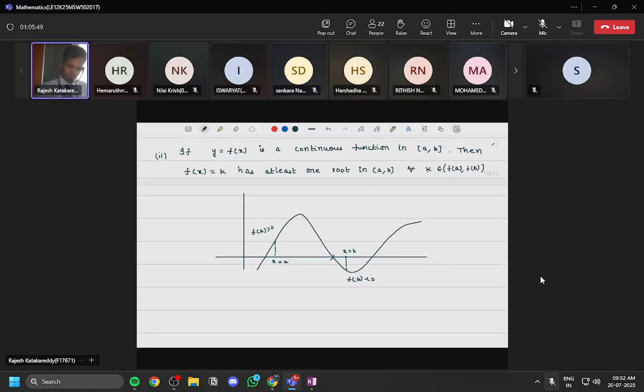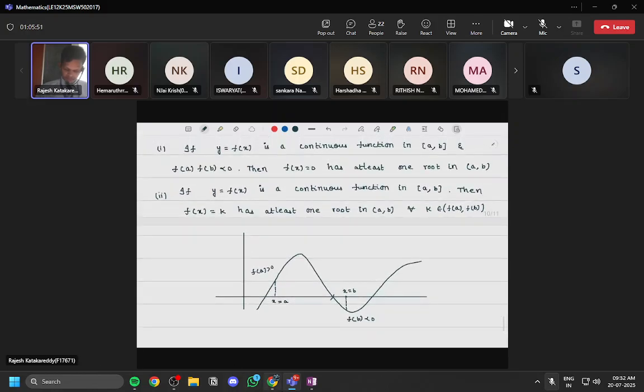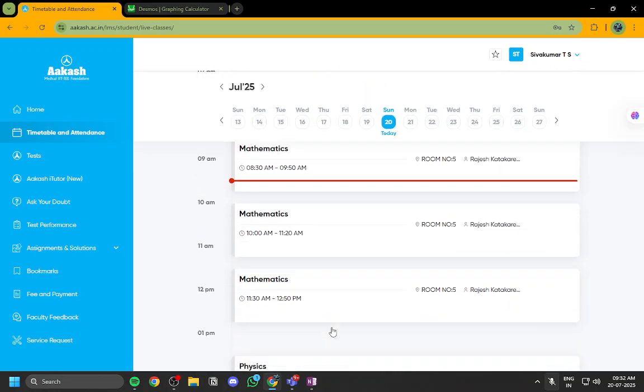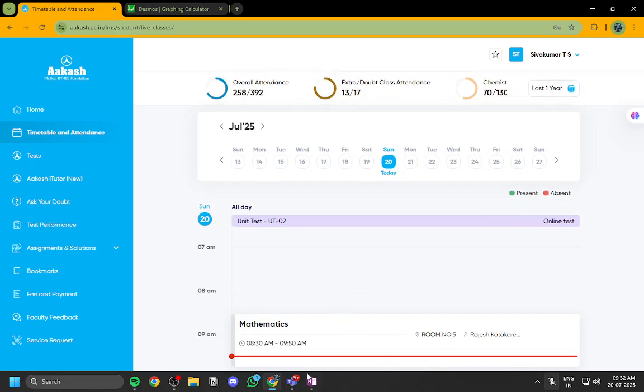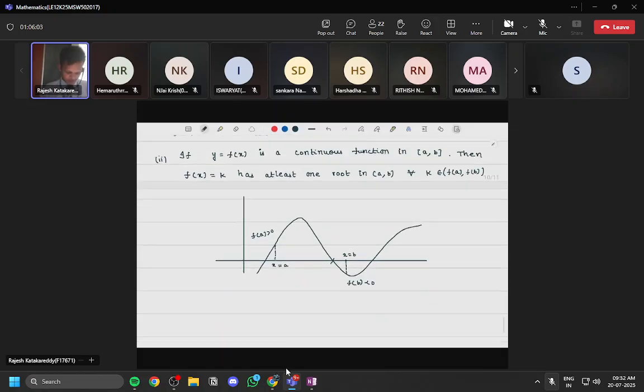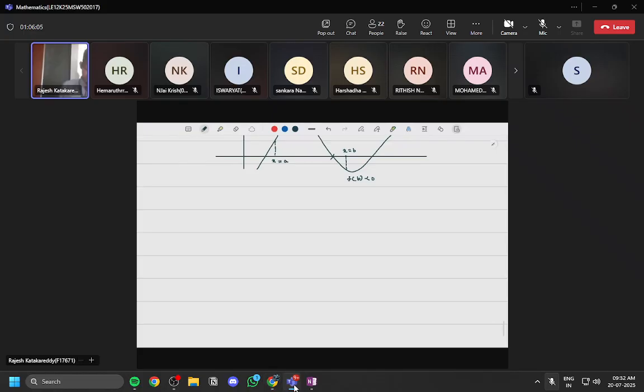Wait. No, no, no. A and B are not closed, no? Oh, here the function is not continuous in closed interval. That's what you are saying. So in that case, what happens now? Maybe I can show you a situation.